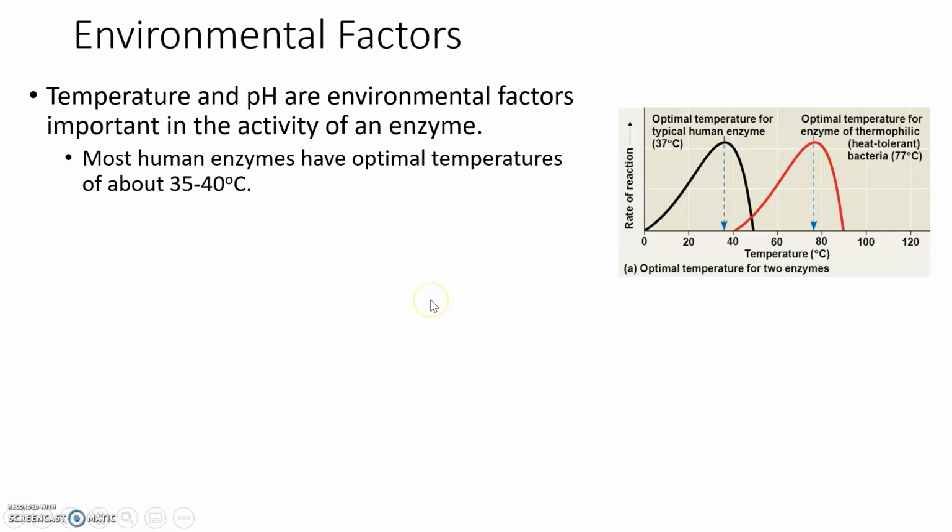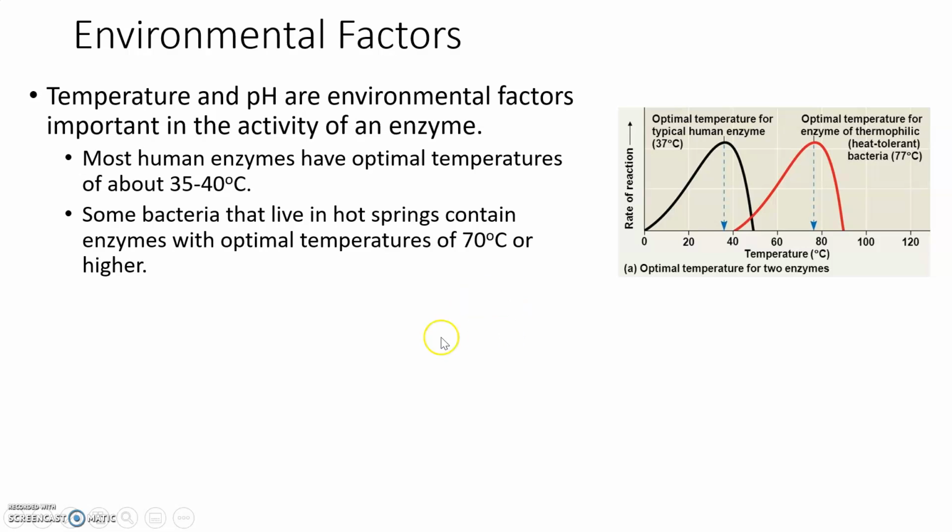Most humans have a body temperature of about 37 degrees Celsius. Most of the enzymes in our body work in a range between 35 and 40 degrees Celsius, right where our body keeps them at 37. Those would be the black enzymes here, right at the optimal temperature for humans.